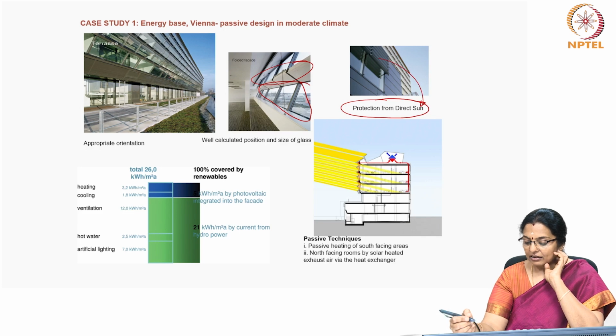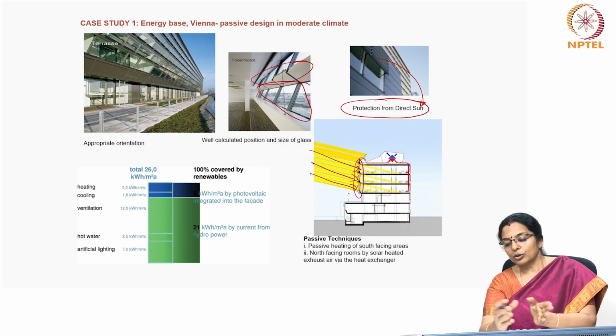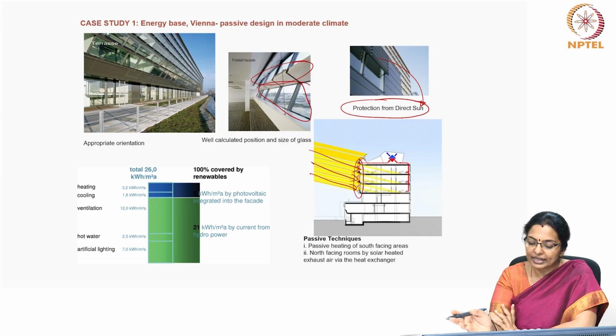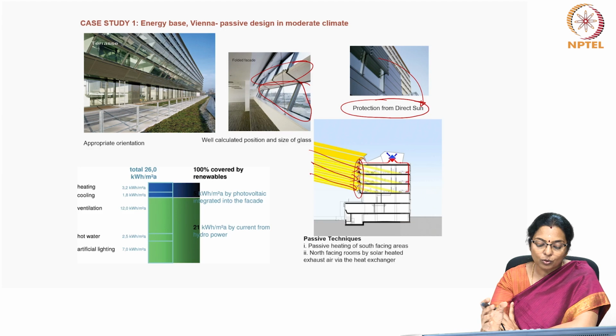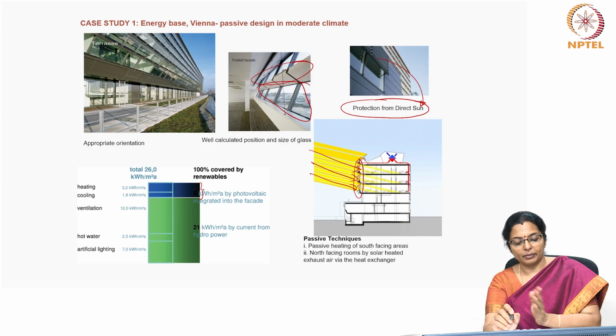Passive techniques are passive heating of south facing areas. The south facing area is exposed to sunlight and it taps the energy to heat the rooms when required. North facing rooms are heated by solar heated exhaust air via heat exchanger. So, because of doing this, 100% coverage by renewables for heating and cooling happens in this building.